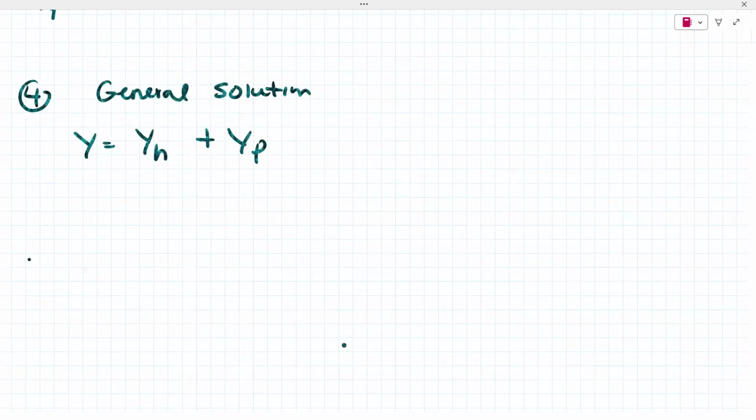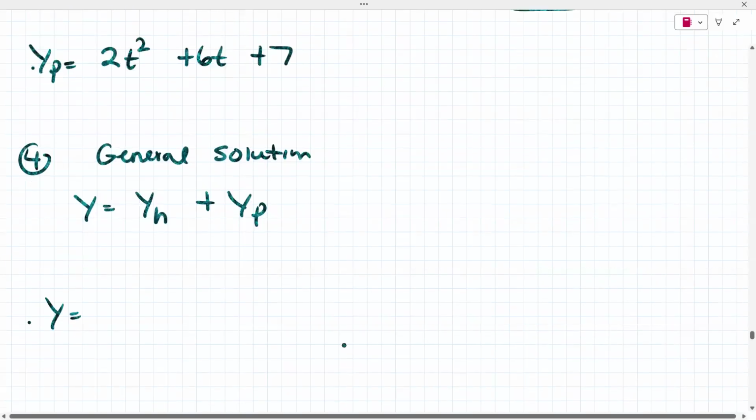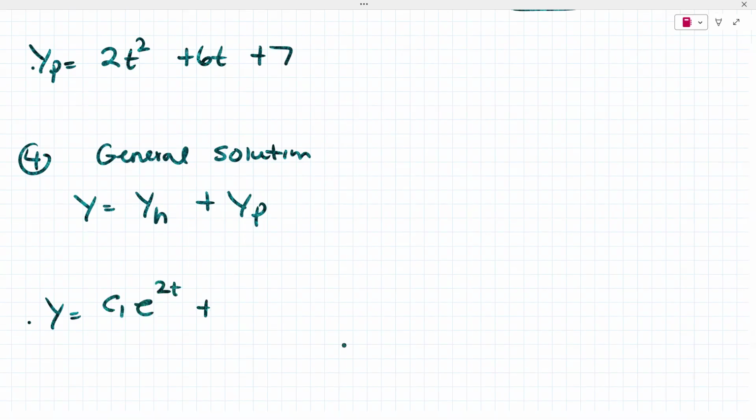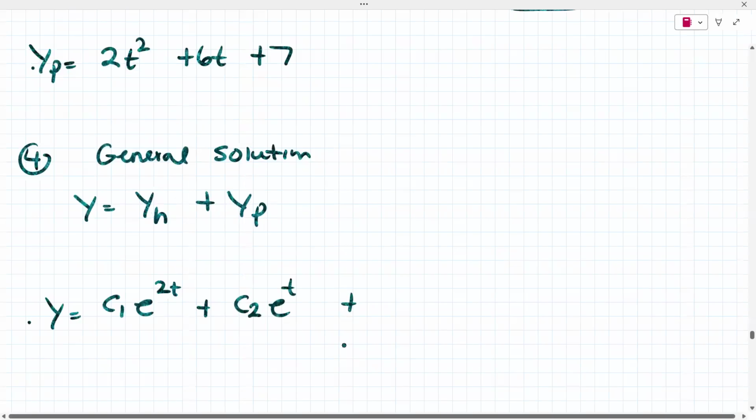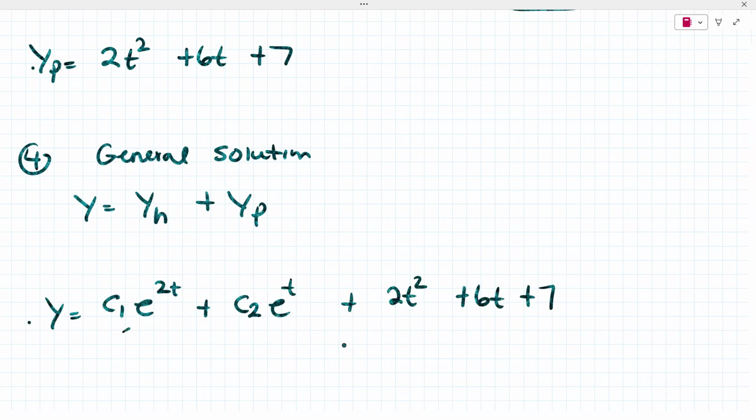So your final solution is your yh, c1e to the 2t plus c2e to the t, plus the yp we just found, 2t squared plus 6t plus 7. So this is your yh, and this is your yp.